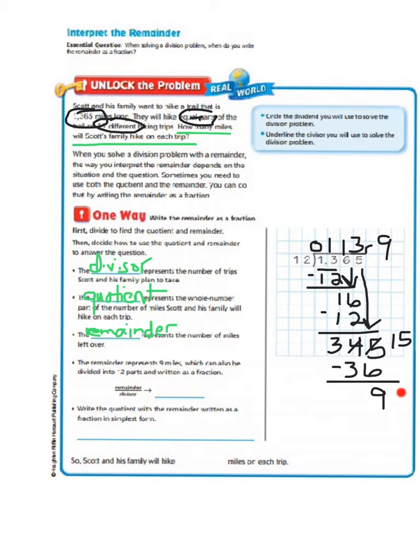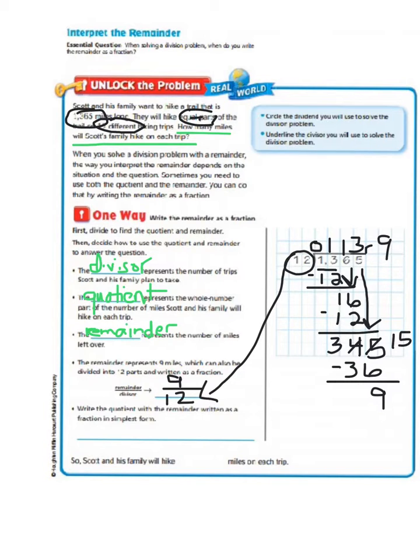And if we look over here, we see that 9 is our remainder, which then becomes our numerator. So we have our numerator of 9, and then our divisor, which is right here, then becomes our denominator. So we end up with a fraction of 9/12.